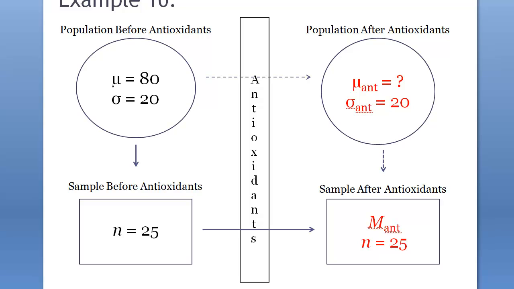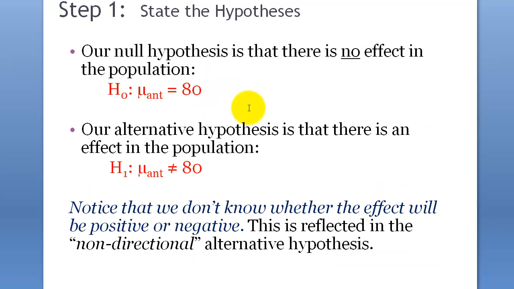So this is the setting. It's really similar to the last one. The population mean was 80 and the population standard deviation was 20, and we sampled 25 out of the population, so sample size 25, and we calculated the mean of the sample of 25, and so we make a hypothesis.